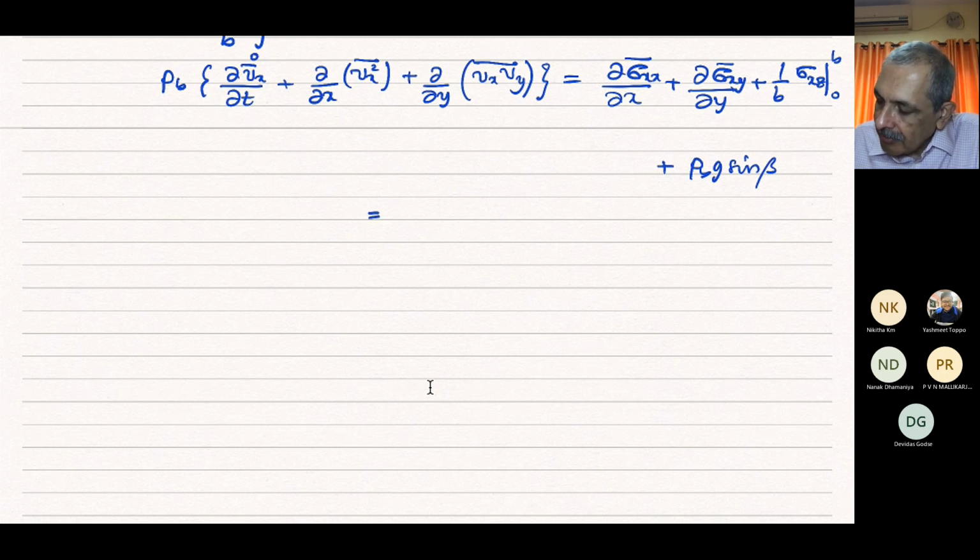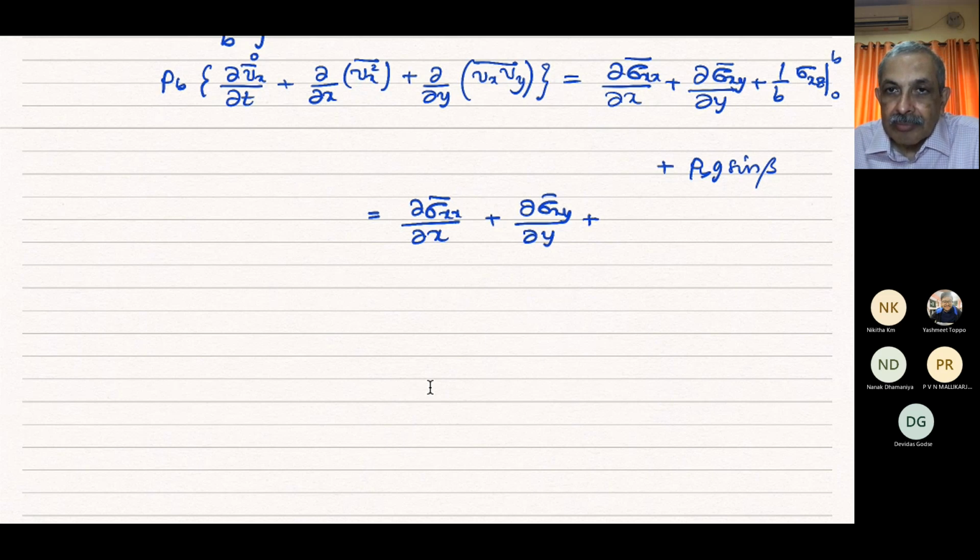This is equal to del sigma xx bar by del x plus del sigma xy bar by del y plus, and this now becomes minus.